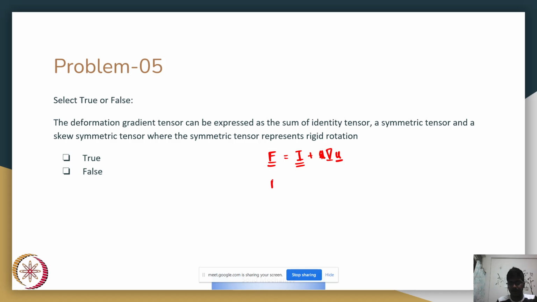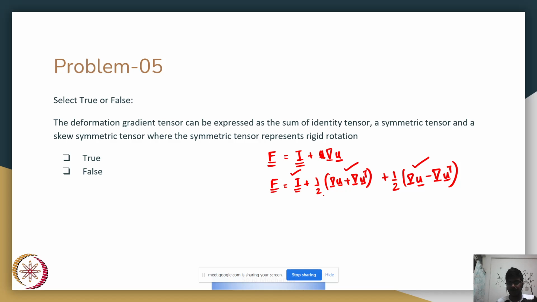And we can split it as I plus half of grad u plus grad u transpose, plus half of grad u minus grad u transpose. So this is your identity tensor, this is your symmetric tensor, and this is your skew symmetric tensor.